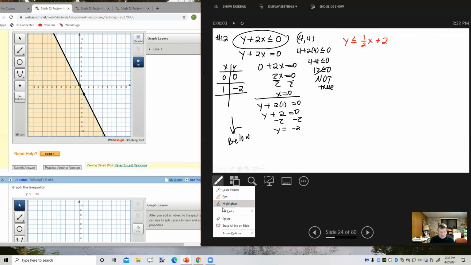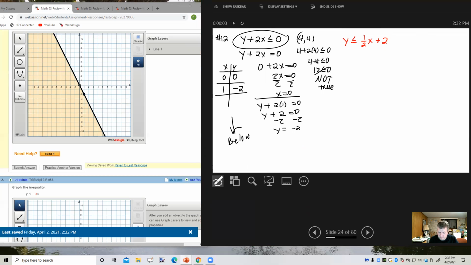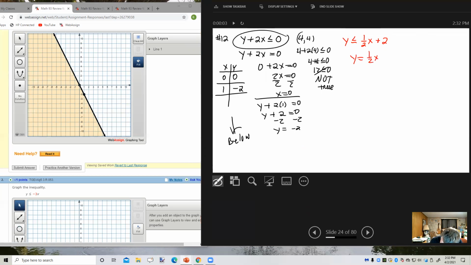Now let's go back and do the red inequality. Look at the related equation, y equals 1/2 x plus 2. Tell you what, since the coefficient of x is 1/2, if I choose x values that are multiples of 2, I'll get nice y values.